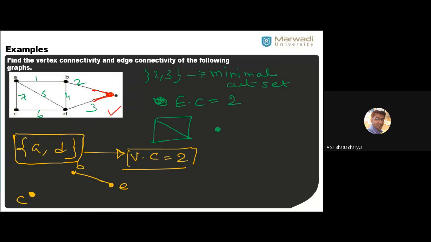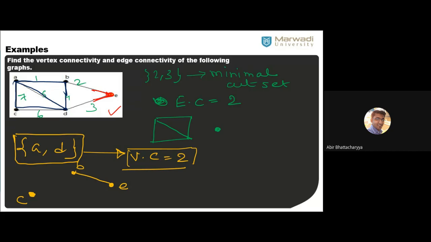That means what would be the rest part? After deletion, this graph would be there, and this graph would be connected. After deleting E, the blue graph will be there, and this is a connected graph. Okay, nothing else is there.